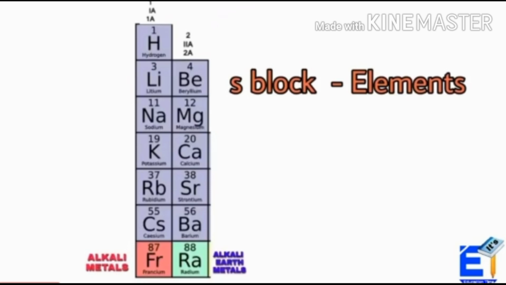These 1A and 2A groups are completely metals. Metals are always electropositive in nature, which means they donate electrons.